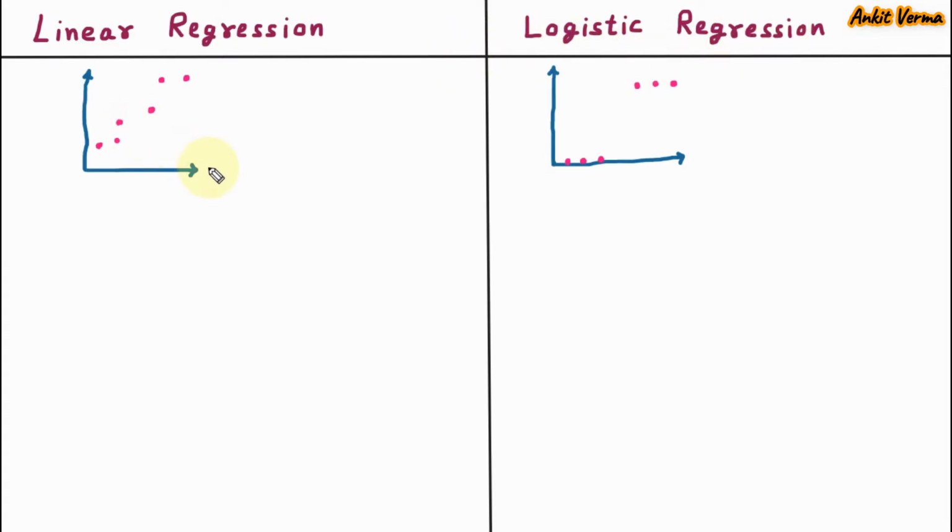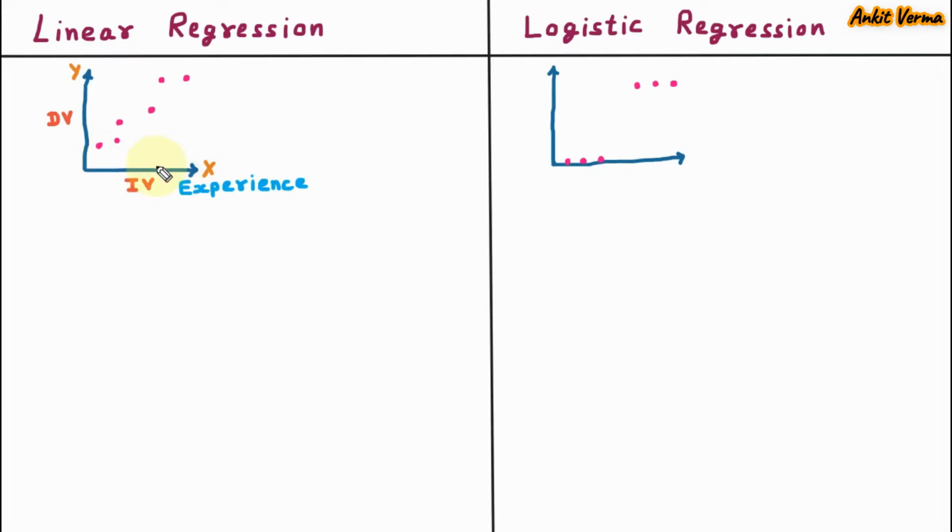Here we have a diagram with an x-axis and a y-axis. On the x-axis we have the independent variable and on the y-axis we have the dependent variable. Independent variable means it is independent, just like experience. On the other side we have the dependent variable, which is salary.